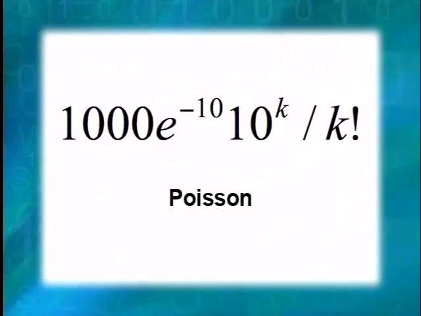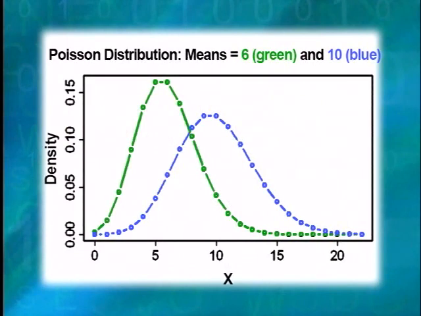So once again, you see you have a related shape. This one is the shape for an average of 6 cars per minute, and this is the shape for 10 cars per minute.